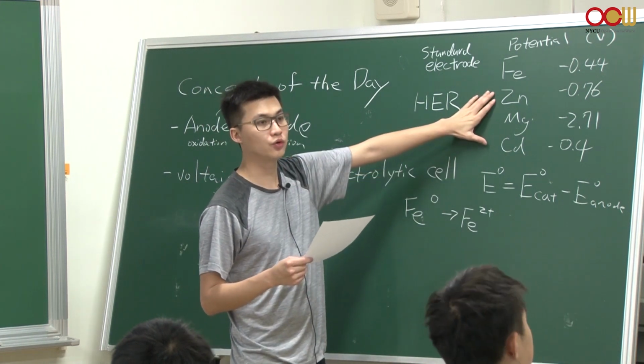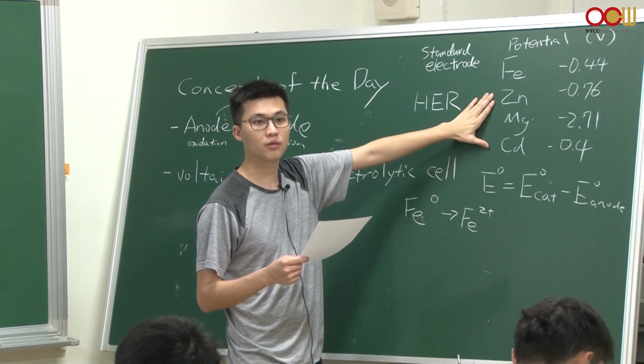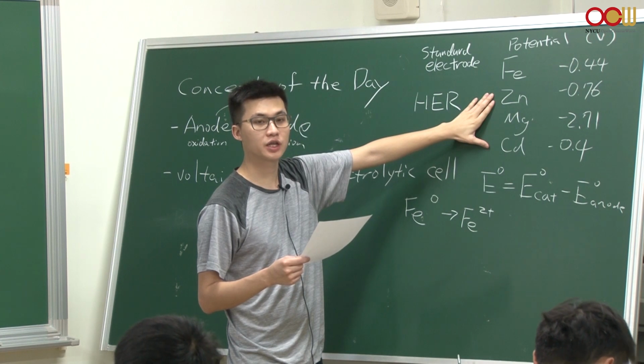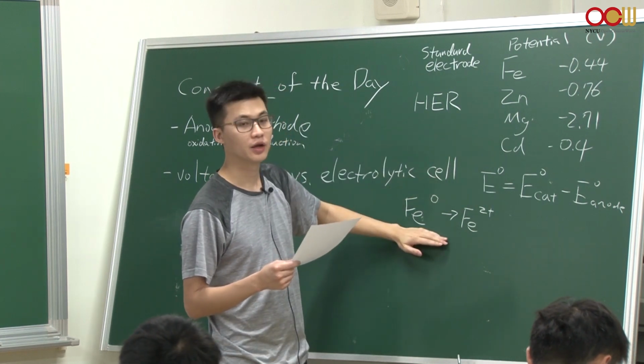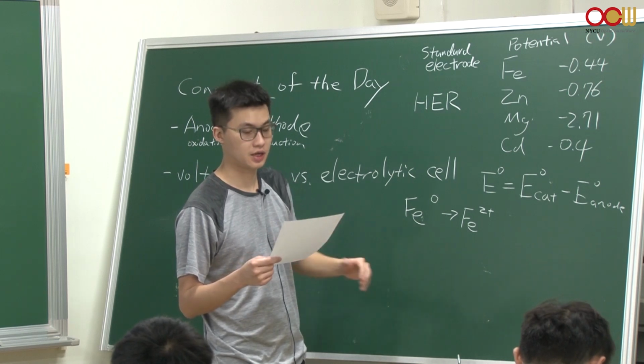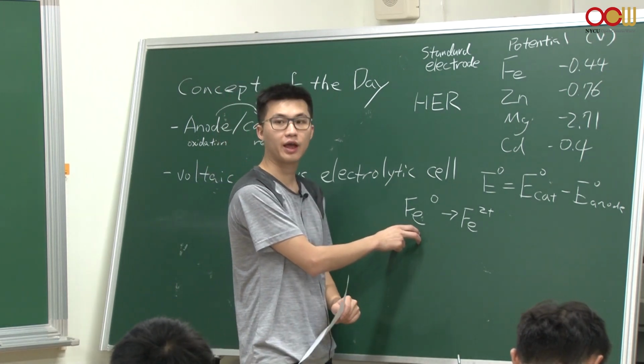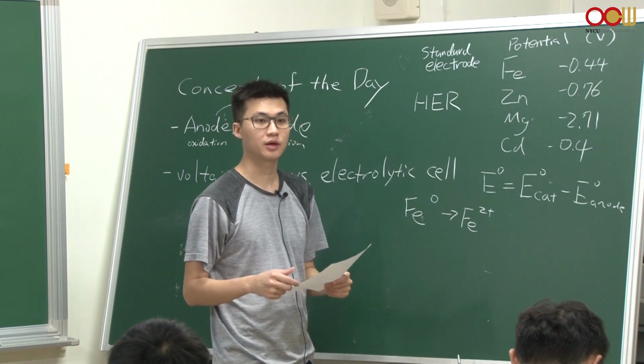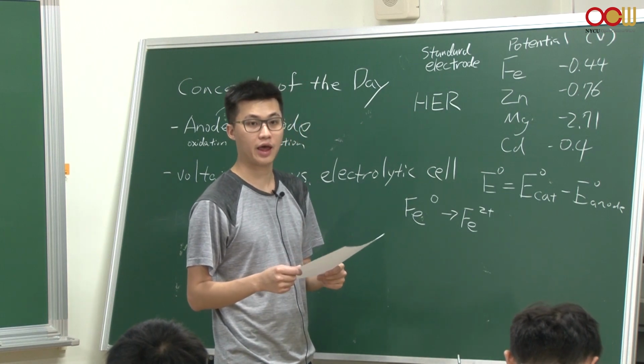Usually people will use a more active metal so that the rusting process of iron can be slowed down. In the rusting process, iron in fact functions as both a cathode and an anode.